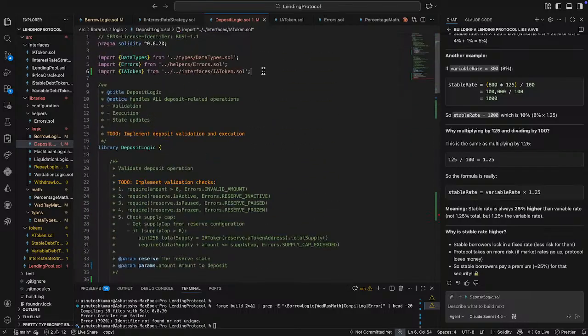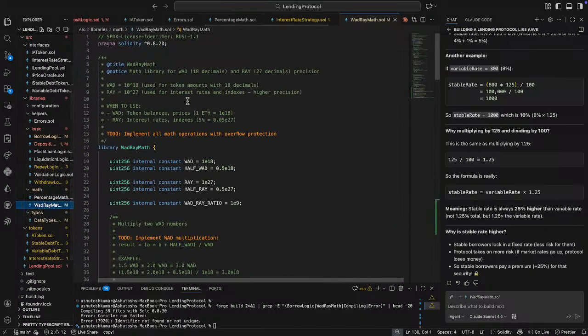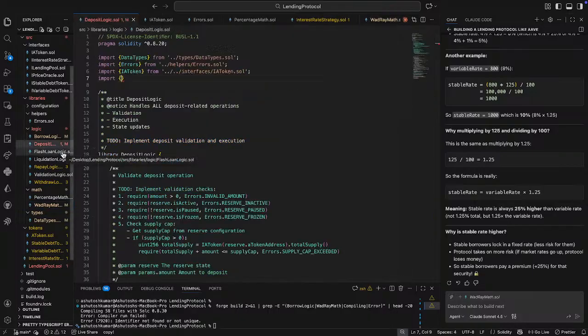Have we imported it? No. Import WadRayMath. What's the name?